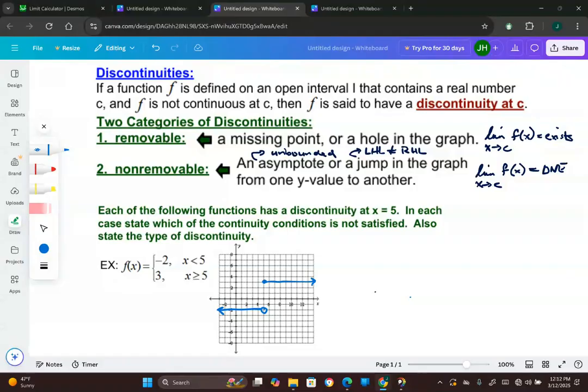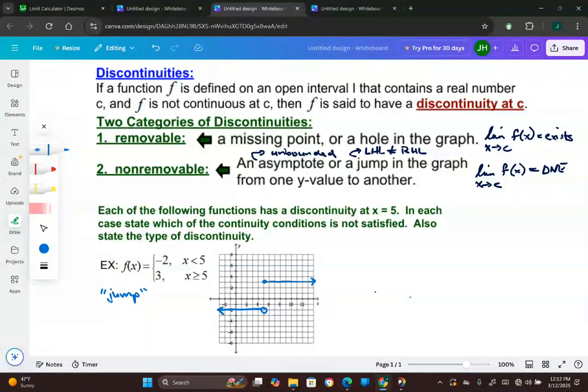So this piecewise function involves 2 different horizontal lines. One, y equals -2 until I get to 5. And then from 5 to infinity, I have to graph y equals 3. I think all of you can tell there is a discontinuity at 5. It's a jump. Now, some classes will allow you to say jump.